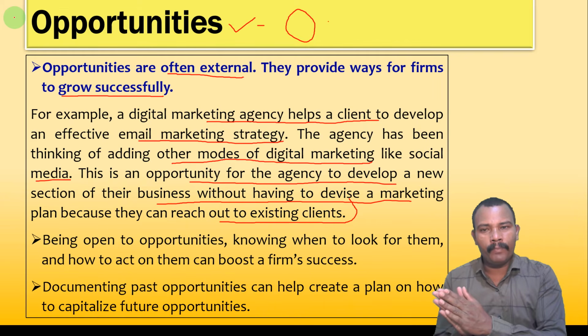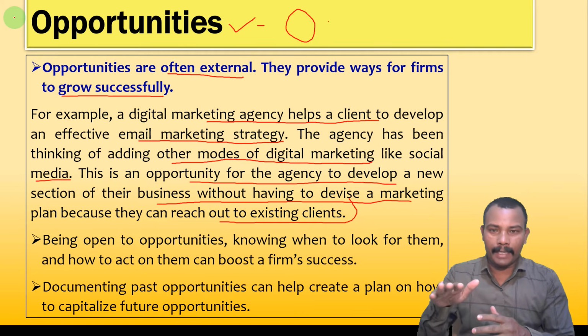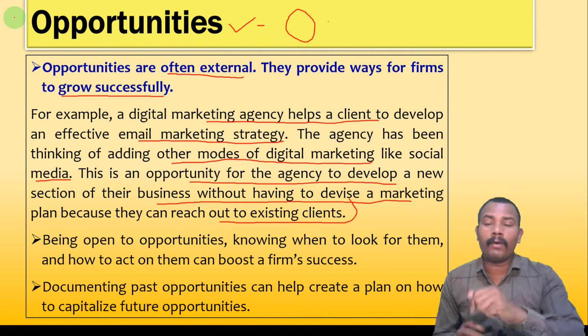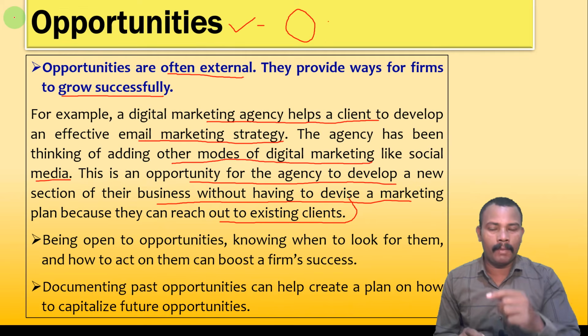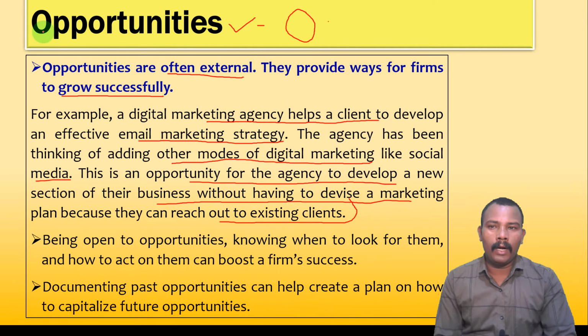It means they already have the setup and they are adding something new. So that is the opportunity for that particular company. So an example is given here of a digital marketing agency. Hope you understood how this can be an opportunity for the company.